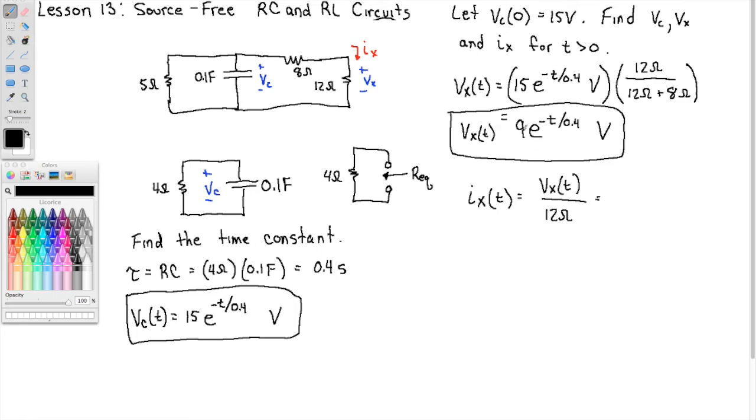So if I plug in Vx, I've got the 9 over the 12, so 9 volts over 12 ohms. That is 3/4 amps. And then I still have that e to the negative t over 0.4. And we're done with this example.